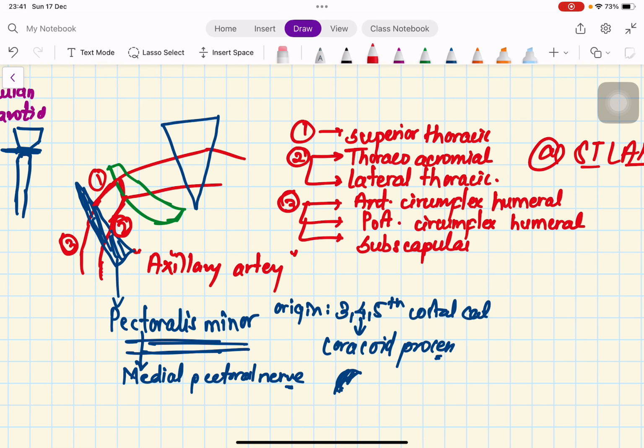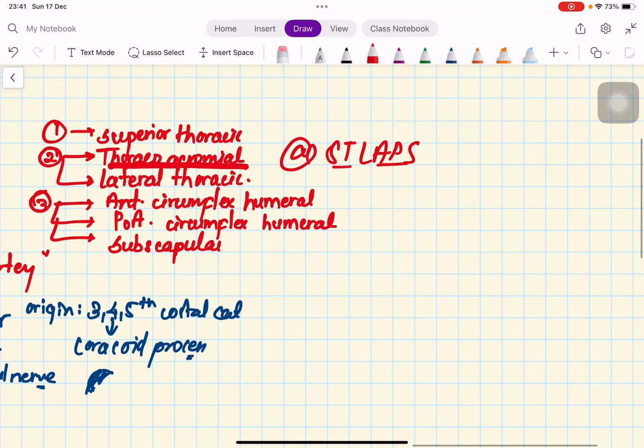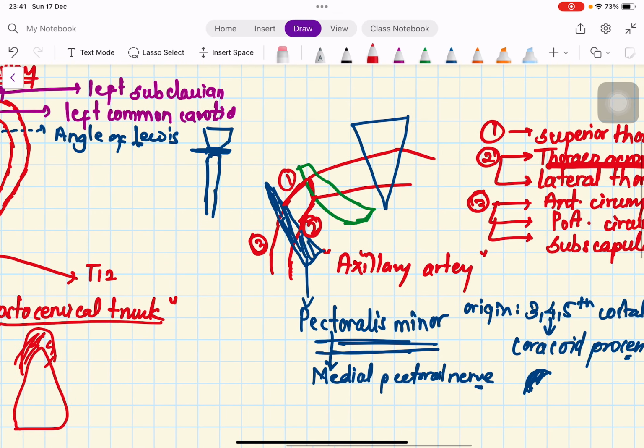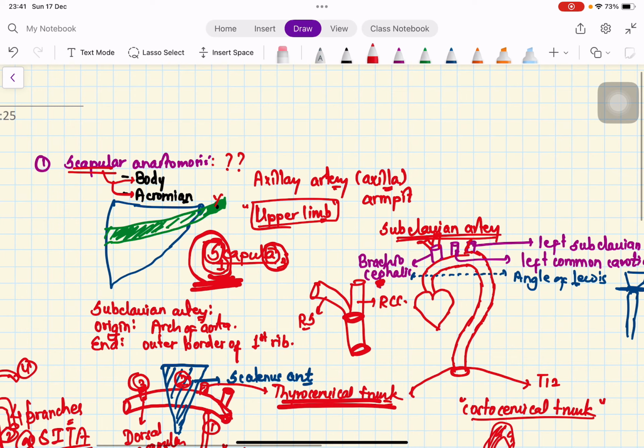Now let's talk more. This thoracoacromial basically divides into four branches, namely A, B, C, D. A for acromial branch. Is it involved in the acromial anastomosis?